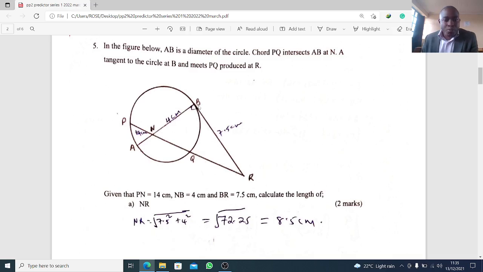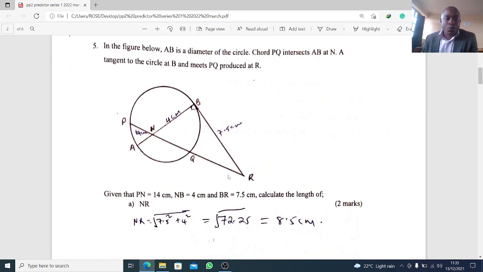So BR squared plus BN squared equals NR squared. So NR is the square root of 7.5 squared plus 4 squared, which is the square root of 72.25, and that gives you 8.5 centimeters.